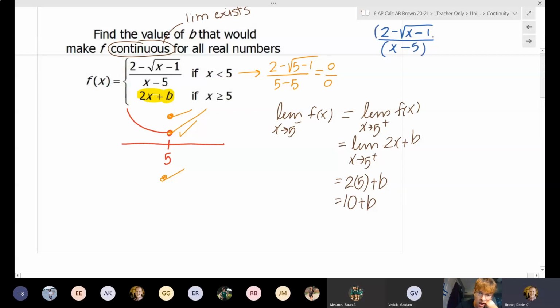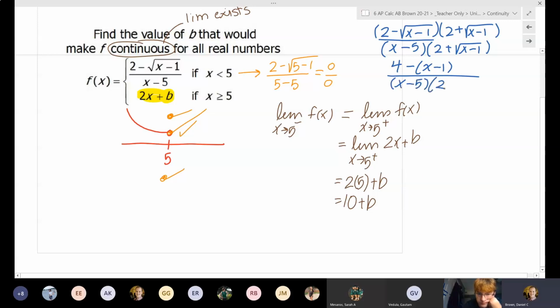When we rationalize, we multiply by the conjugate of the part that has the square root sign in it. So in my numerator, I have 2 times 2, which is 4, inner and outer cancel, minus x minus 1, all over x minus 5 times 2 plus the square root of x minus 1.